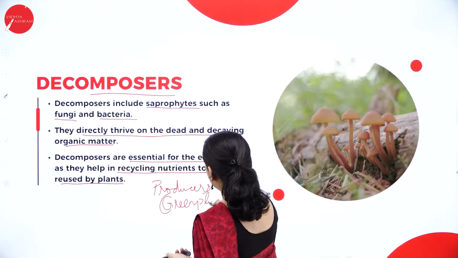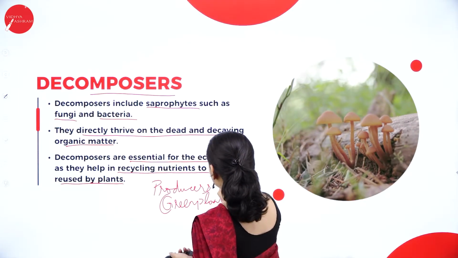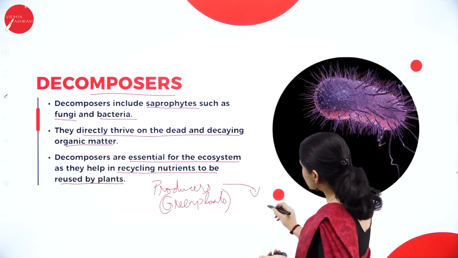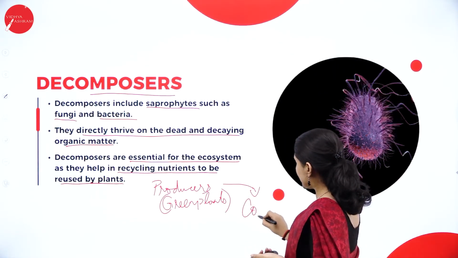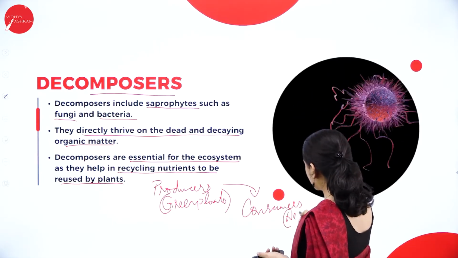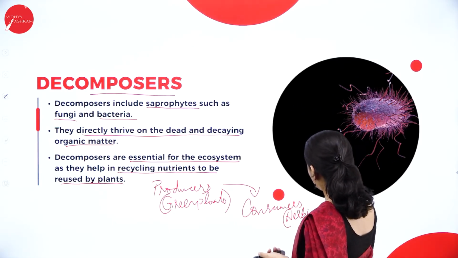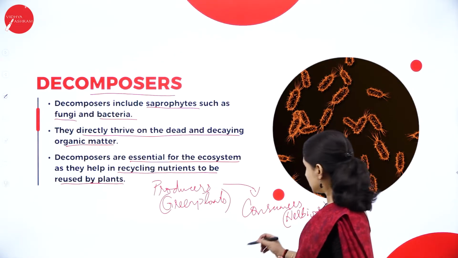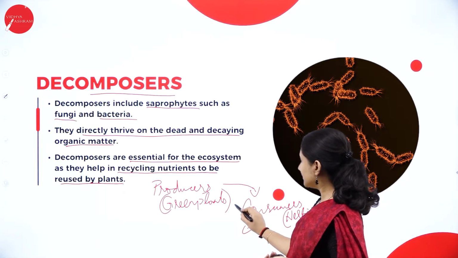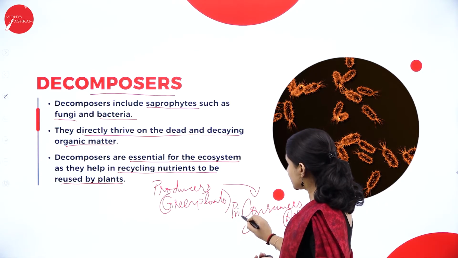The green plants. So these producers will be eaten by, as I told you, the consumers, right? So consumers will be the herbivores. The herbivores will be feeding on the producers. Next, these consumers will be eaten by the primary consumers. I'll just write in short form.